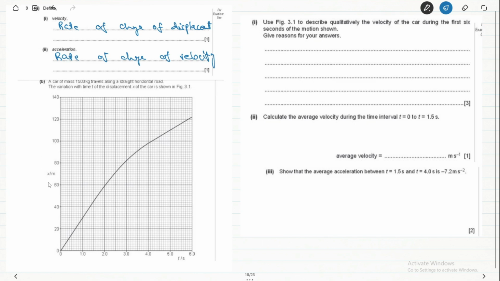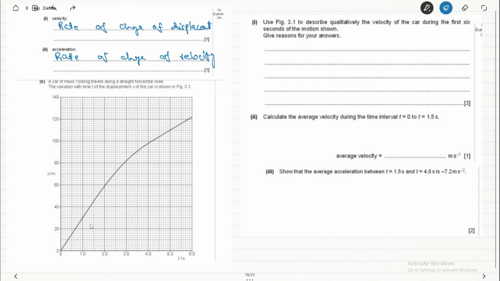shows us a displacement time graph of a car of mass 1500 kg traveling along a straight horizontal road. So use figure 3.1 to describe qualitatively the velocity of the car during the first 6 seconds of the motion shown, right? So we just have to describe the motion of the car through the graph.